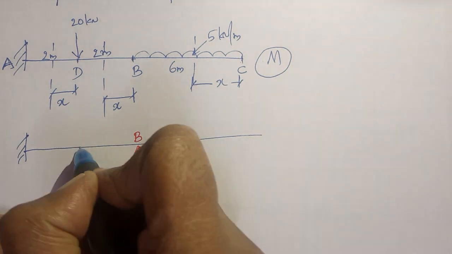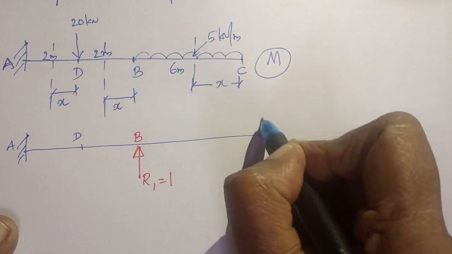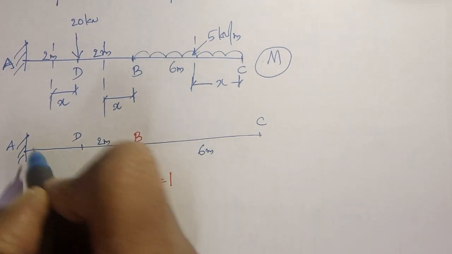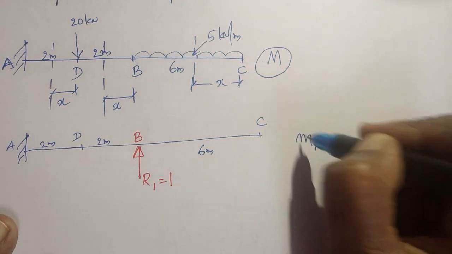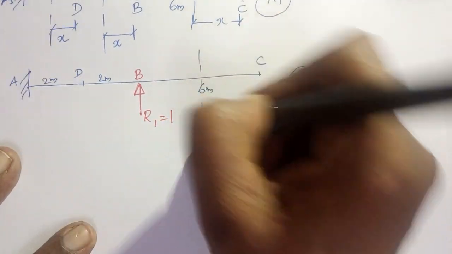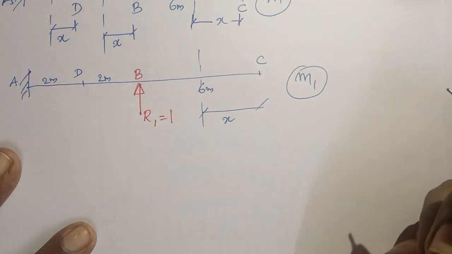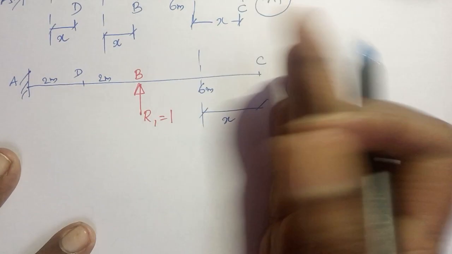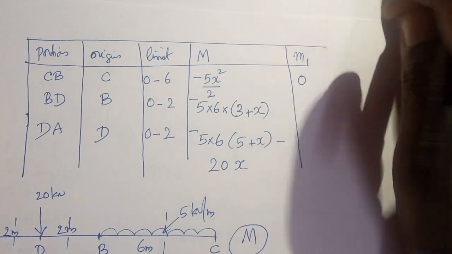Now the portions are, okay, this is 6 meter, this is 2 meter, this is another 2 meter. So in order to write M1, consider a section. In the first portion, as usual, consider a section X at a distance X from C, so that the expression for bending moment is, there is no load to the right of it. So the expression for M1 will become 0.